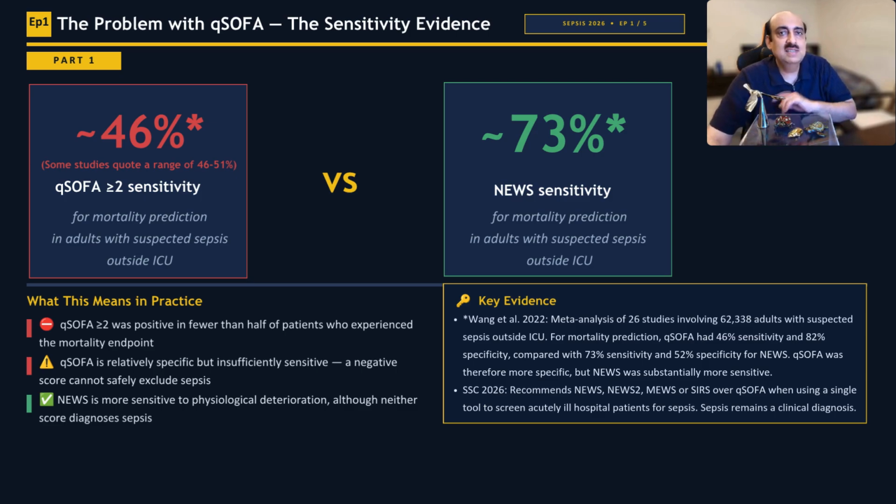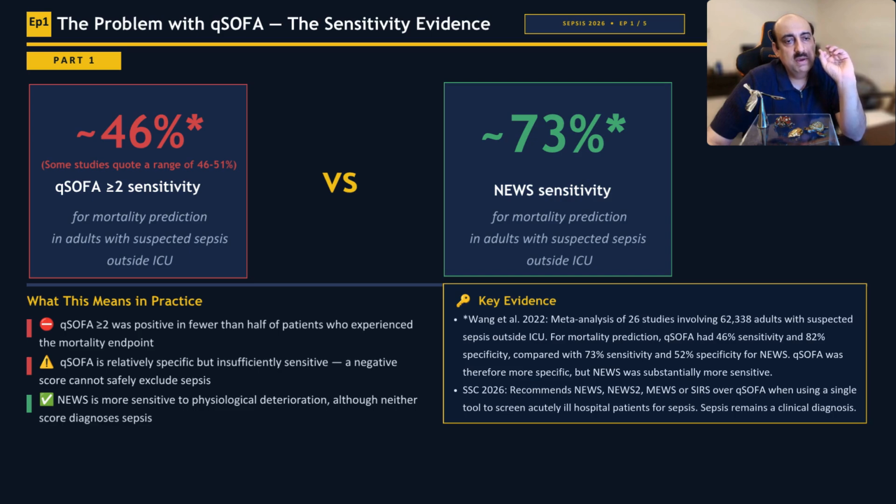So that meta-analysis itself involved, as I said, more than 62,000 patients with suspected sepsis. And qSOFA had a pooled sensitivity of approximately 46%. Some other studies quoted between 46 to 51. So roughly around 50, just for ease of remembering, just under half. In terms of NEWS, remember we're not talking about NEWS2, we're talking about the NEWS, National Early Warning Score.